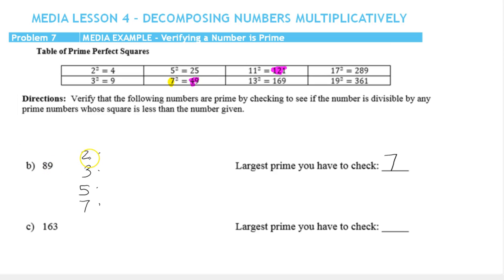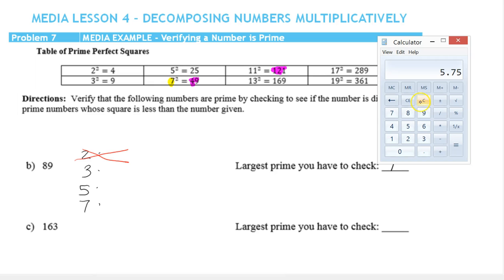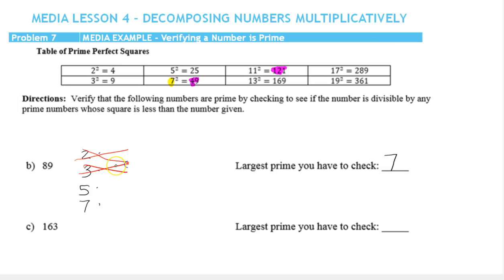So is 89 divisible by 2, or is 2 a factor? Well, it's not even, and if you're not convinced, divide on your calculator. Is 89 divisible by 3? Well, let's divide. And notice there's a decimal, which means there'd be a corresponding remainder. So it's not divisible by 3. Is it divisible by 5? Well, there's a quick check for 5. Numbers that are divisible by 5 end in 0 or 5.